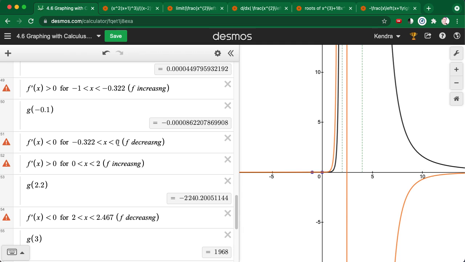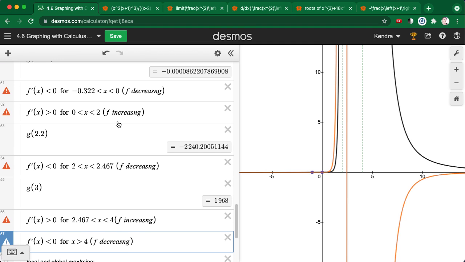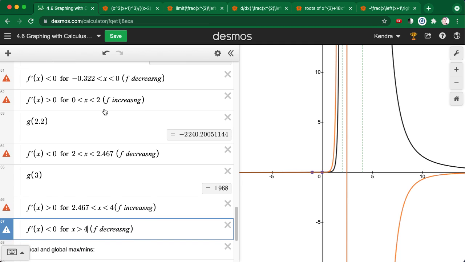We must hit a local minimum because we went from decreasing to increasing. And here we went from increasing to decreasing, but at x equals 2, that means that is not actually a local maximum or minimum. That's just that we have an asymptote there. X equals 2 is outside of our domain.